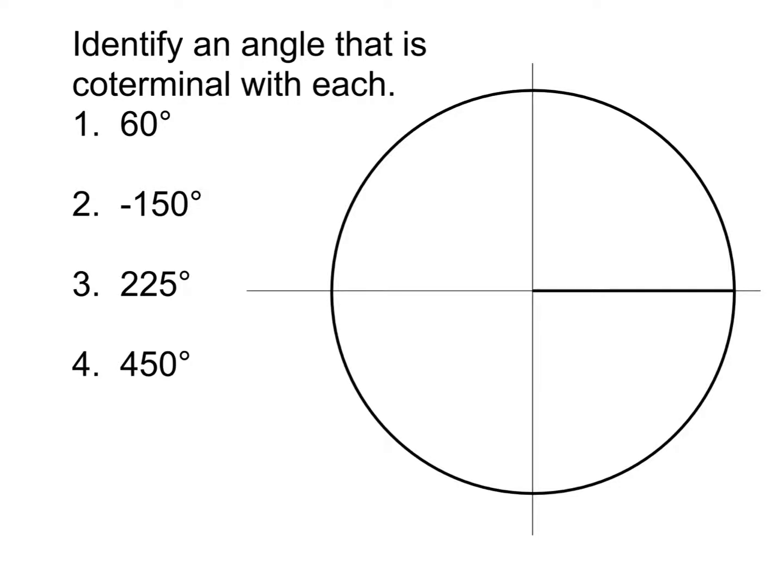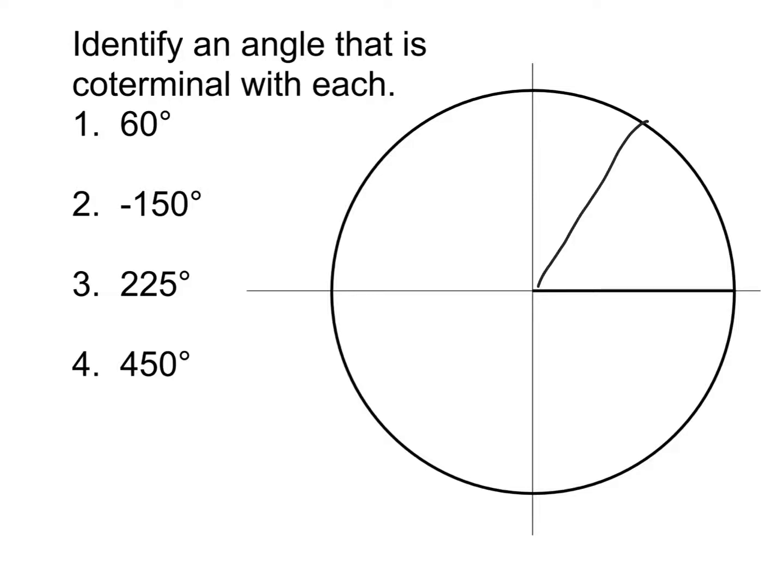We're going to go through this first one here together, then I'm going to give you a few minutes to do the other three. So for number one here, we want to figure out what angle is coterminal with 60 degrees. Now we can visualize where 60 degrees is. If that's 60, one way I can get a coterminal angle is by going around counterclockwise 360 degrees.